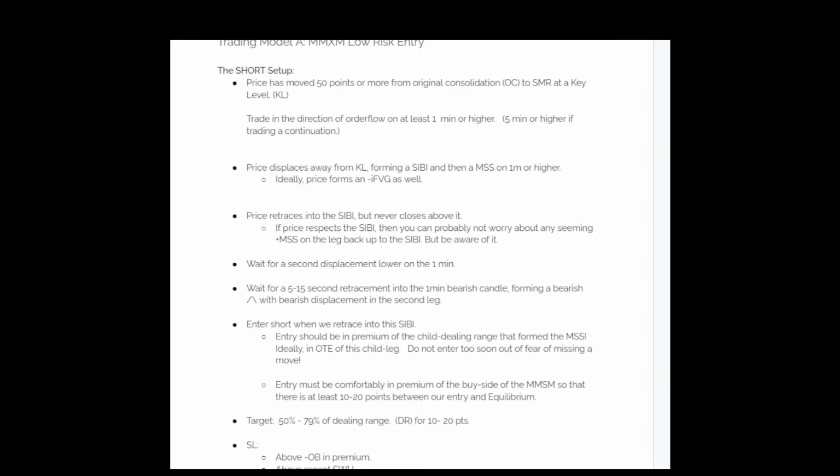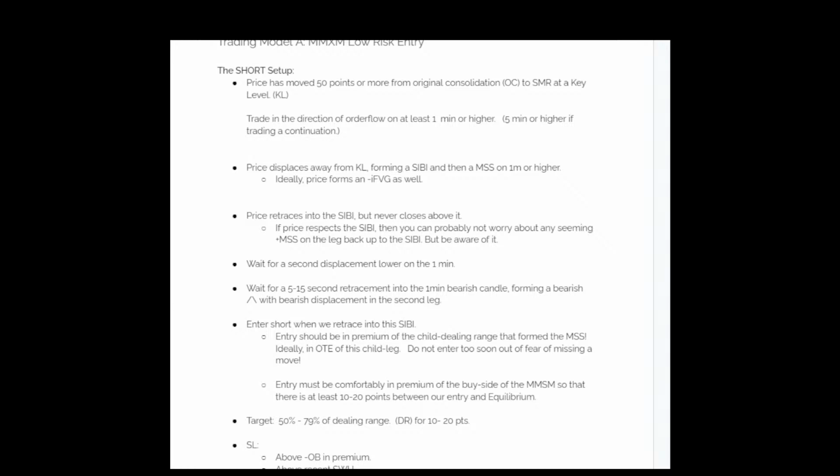Right, so we see here that price moved within this 15-minute candle way more than 50 points. And the reason for 50 points is because I want to make sure there's enough room for us to take a trade towards equilibrium or towards the draw on liquidity, a 20 to 30 point trade.